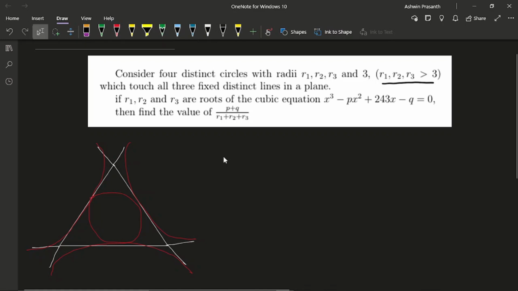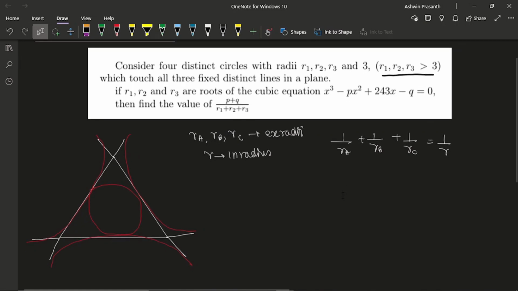Now you might have learned this relation in solution of triangles: if RA, RB and RC are the exradii and R is the inradius, we have the relation that 1 by RA plus 1 by RB plus 1 by RC is equal to 1 by R. If you didn't know this relation, I would suggest you remember it.